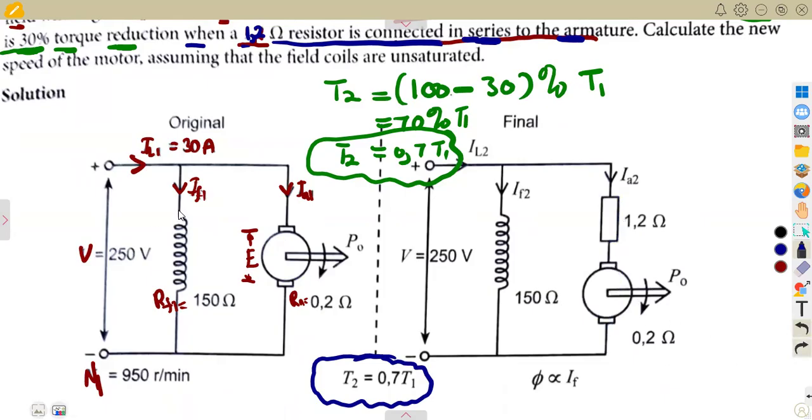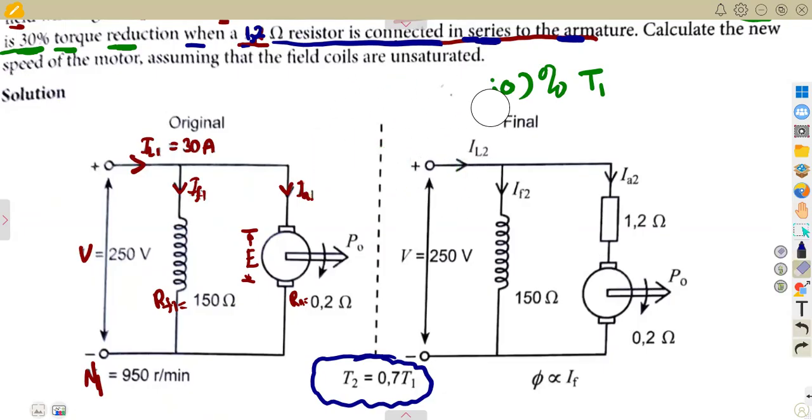Maybe it is connected in series to the shunt. You're going to connect it there. But in this case, it was connected to the armature. So you work with the condition that you're given. It's not always that it is going to be connected to the armature. Sometimes they are going to tell you that it is connected to the shunt field. You connect it in series to that; it's a condition on its own.